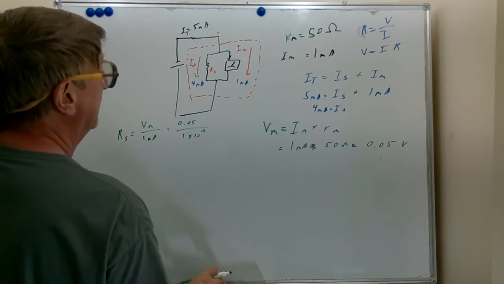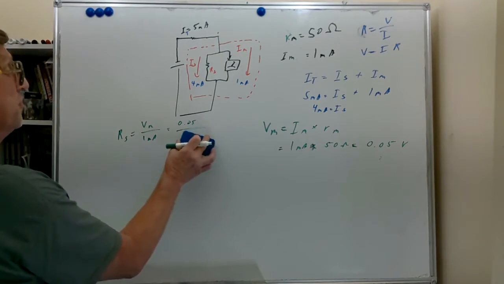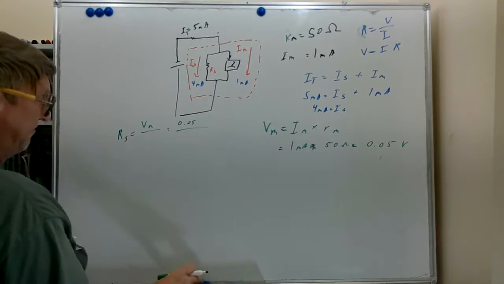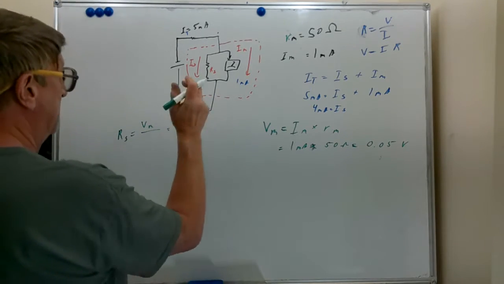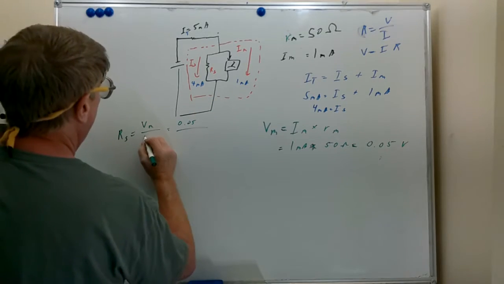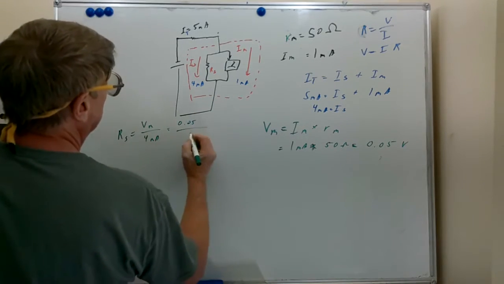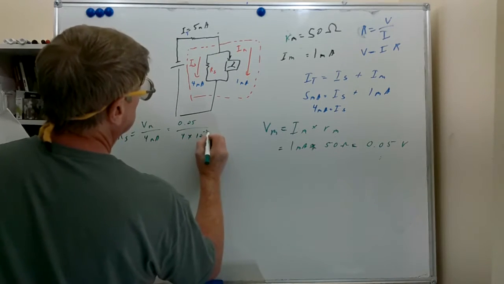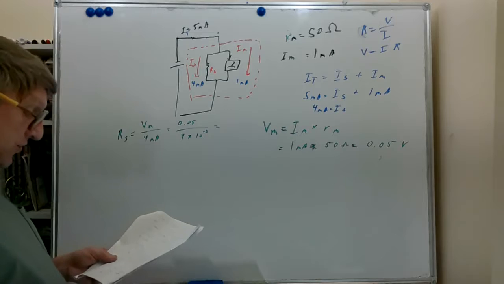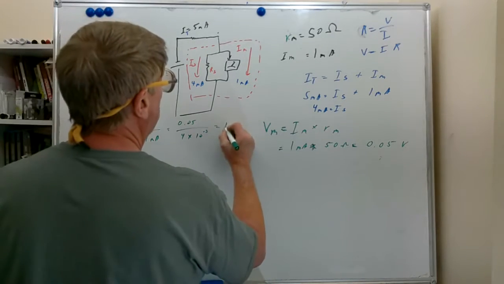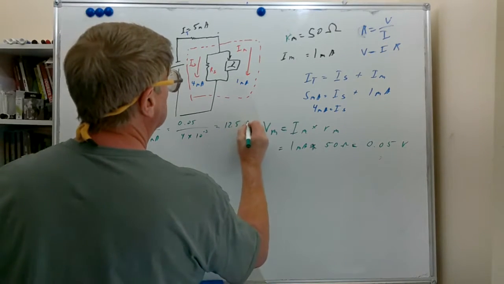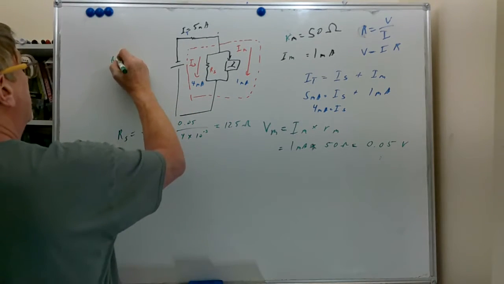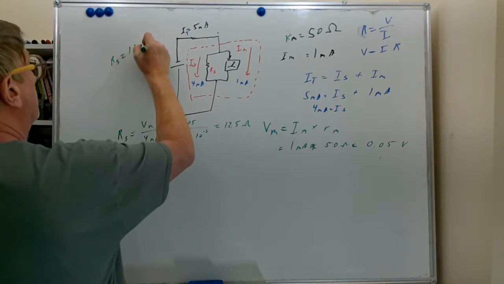No, we don't have 1 milliamp. We want 4 milliamps. 1 milliamp is the meter, but we have 4 milliamps flowing through the shunt resistor. So that's 4 times 10 to the minus third. If we work that out, that comes to 12.5 ohms. So we need RS equal to 12.5 ohms.